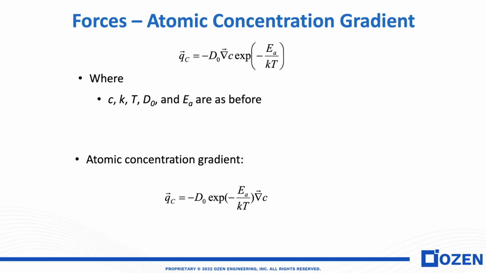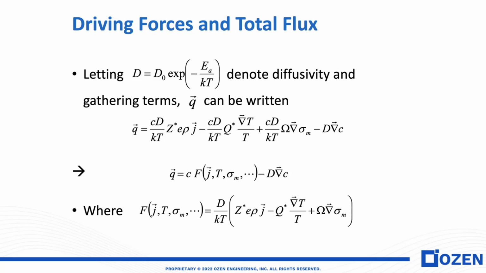And if we take into account finally the atomic concentration gradient, which we have looked at before, and add them all to each other, then we are going to get this complicated expression, the Q vector, which contains all the stress gradient, the thermal gradient, atomic concentration, and the electron force.